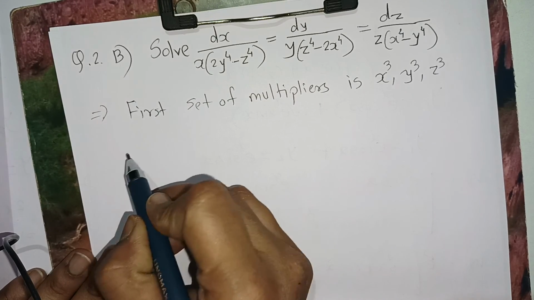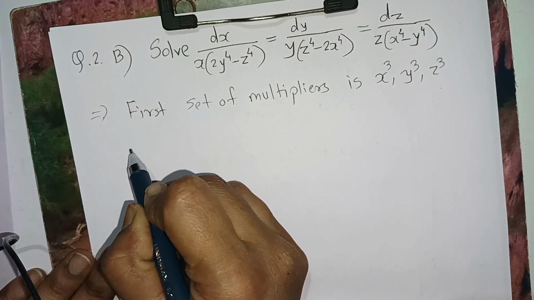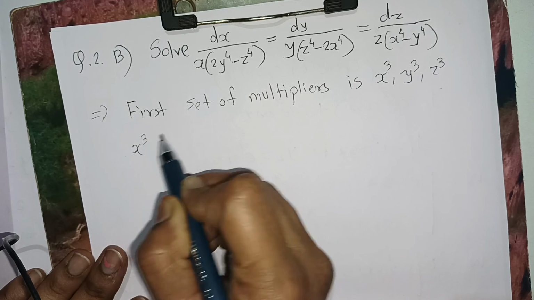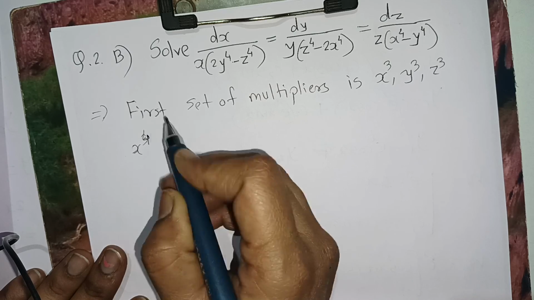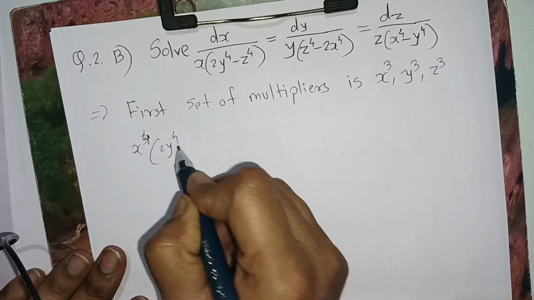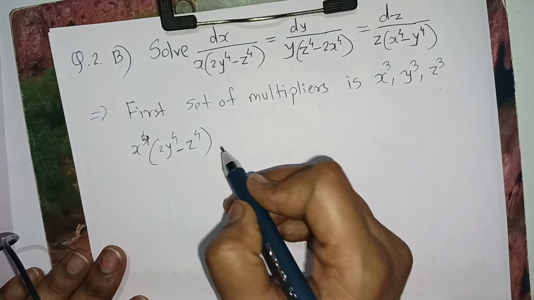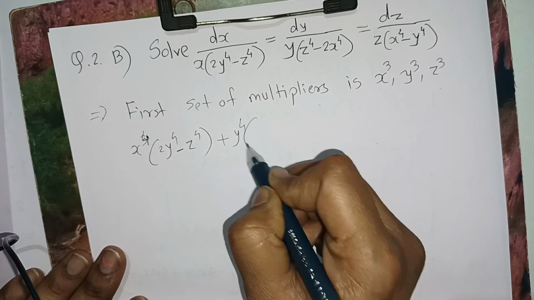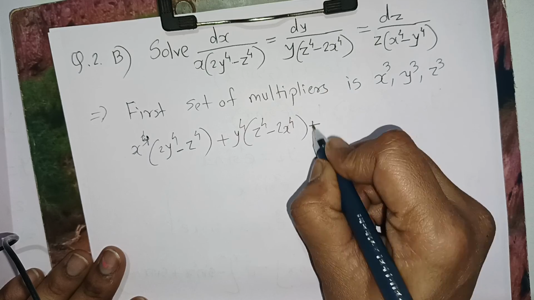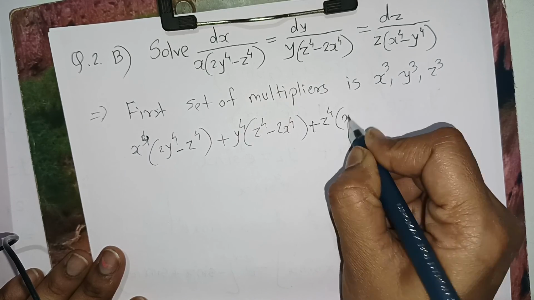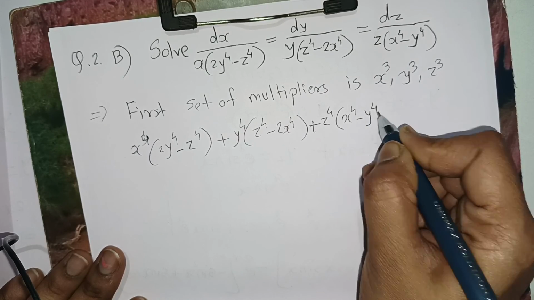Multiplying x cube to P, that is the first denominator, you will have x raised to 4, 2y raised to 4 minus z raised to 4, plus y raised to 4, z raised to 4 minus 2x raised to 4, plus z raised to 4, x raised to 4 minus y raised to 4.